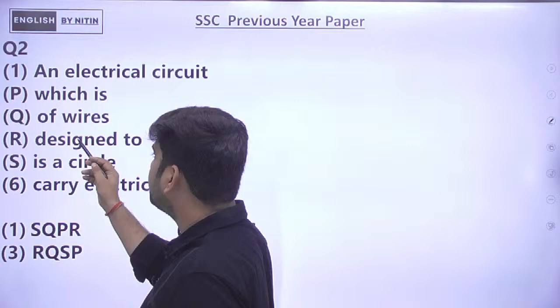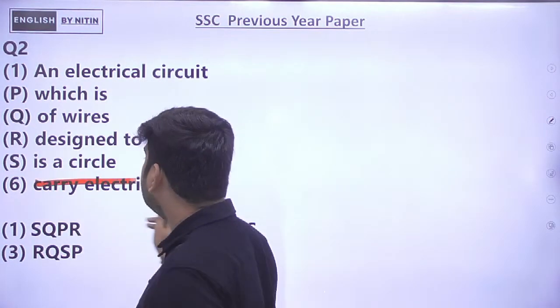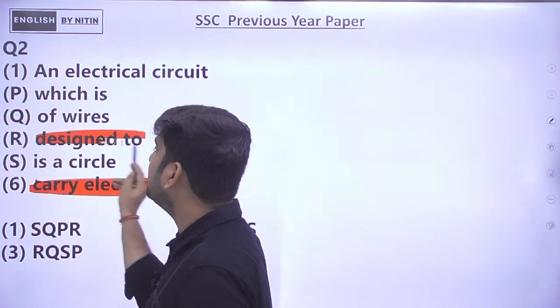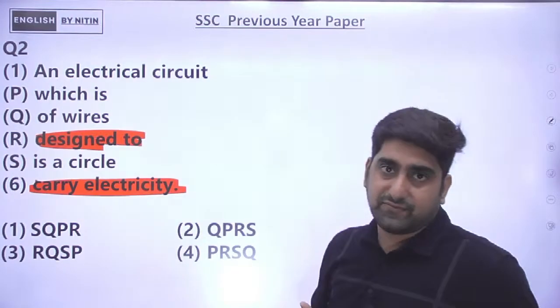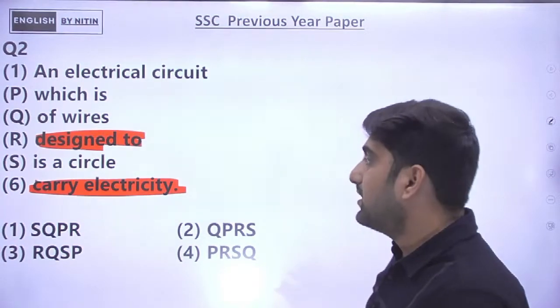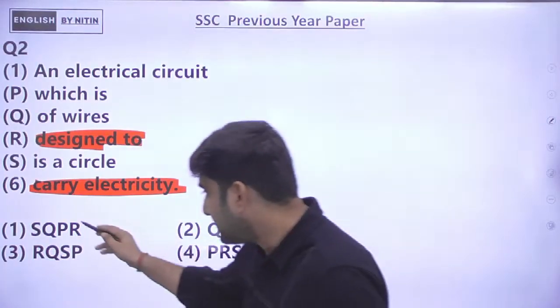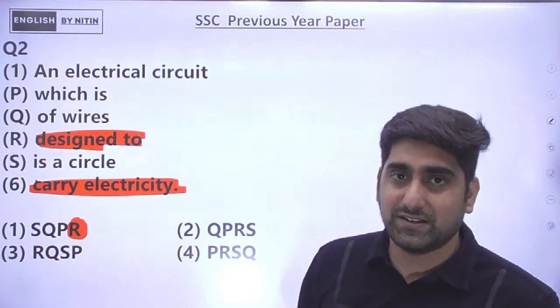What is the purpose? The purpose is to carry the electricity. So something is designed with the purpose of carrying electricity. I mean, R will be the last sequence, and R is given as the last sequence in only option 1. Hence, it is the answer.